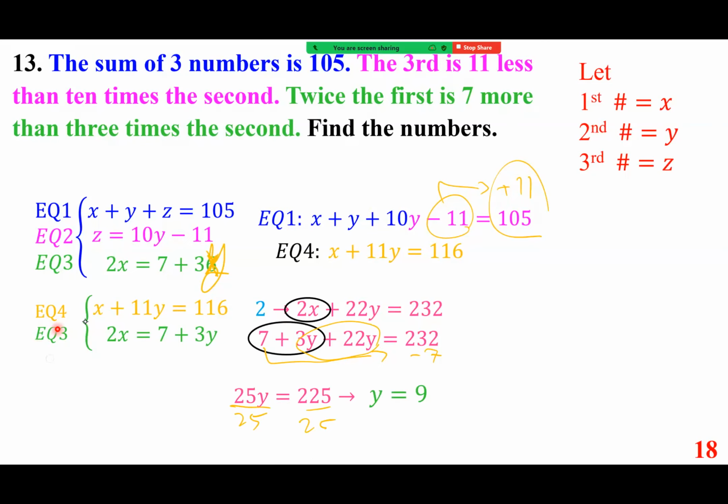Since we have to check with the original equations, it's easy to see that Z is 10Y minus 11. Let's find the Z first: 10 times 9 minus 11, which gives us 79. And then X plus Y plus Z is 105, which gives us X equals 17.